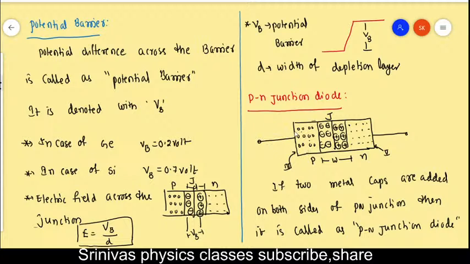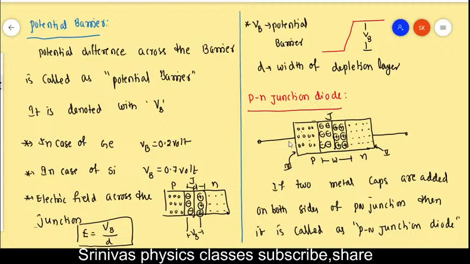Now, we add two metal caps on both sides to take as terminals. If you add the metal caps on both sides of the pn junction, that is called the pn junction diode.